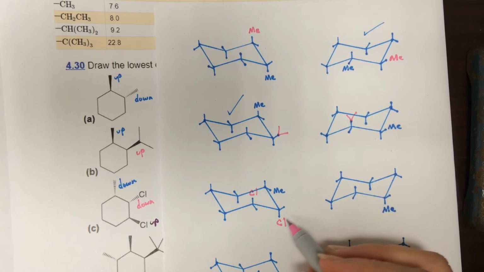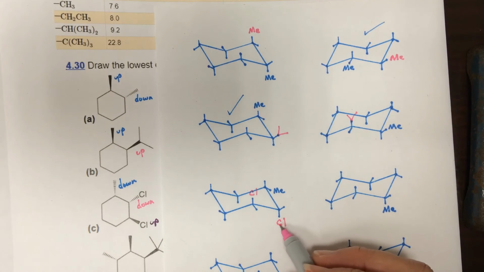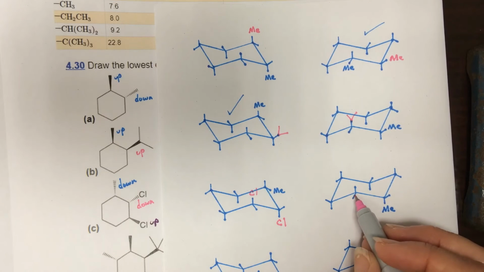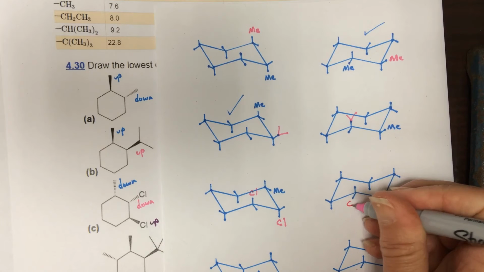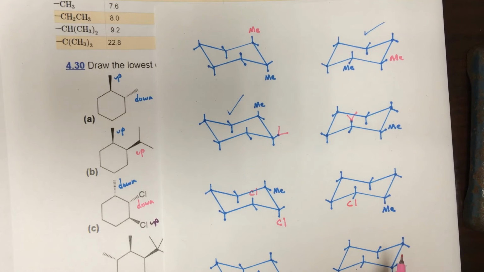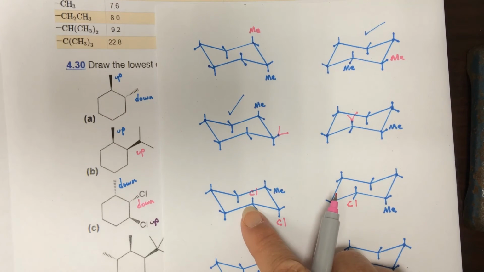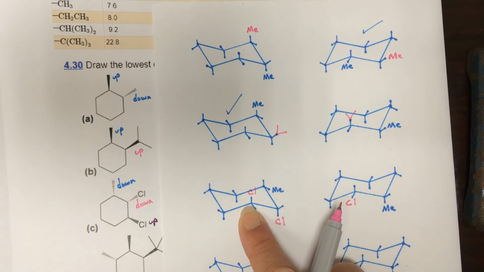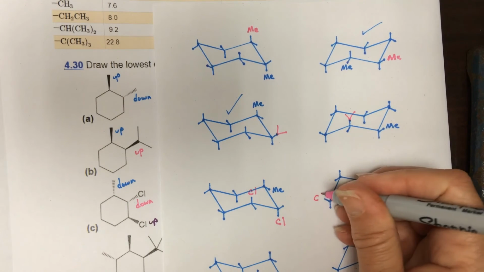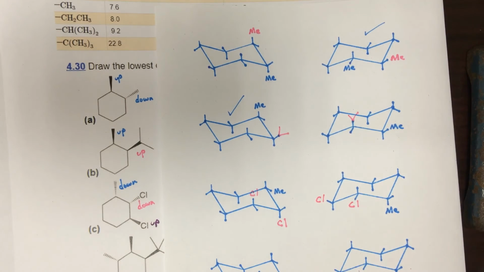Okay, so this one is axial and down, so it needs to be equatorial and down. The next one needs to be equatorial and up. So if we compare these, we look at our diagram above.